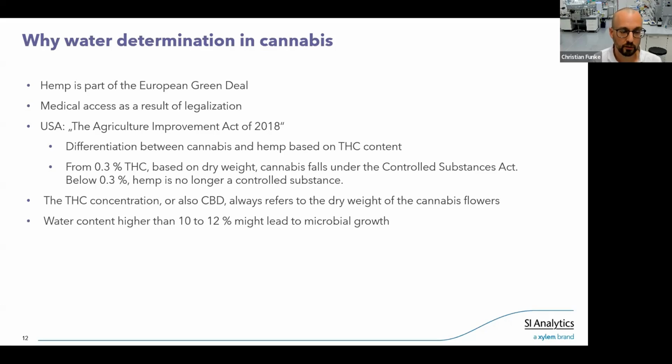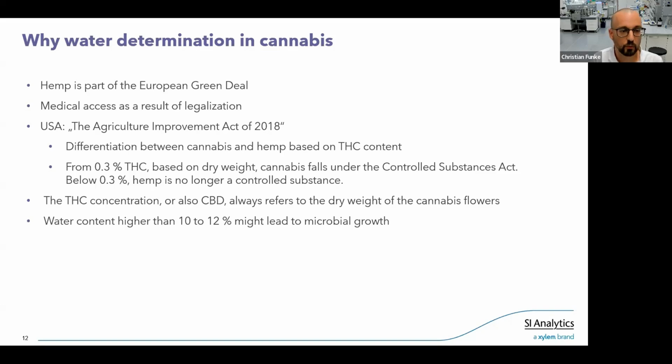The important point here is that the concentration, not only of THC but also of other compounds like CBD, is always related to the dry weight. So we need to normalize it, and the dry weight is the main factor. Therefore, it is important to get the exact water concentration of the cannabis.